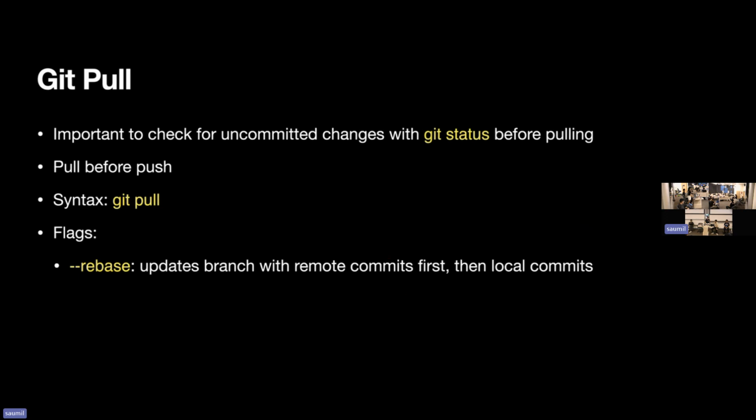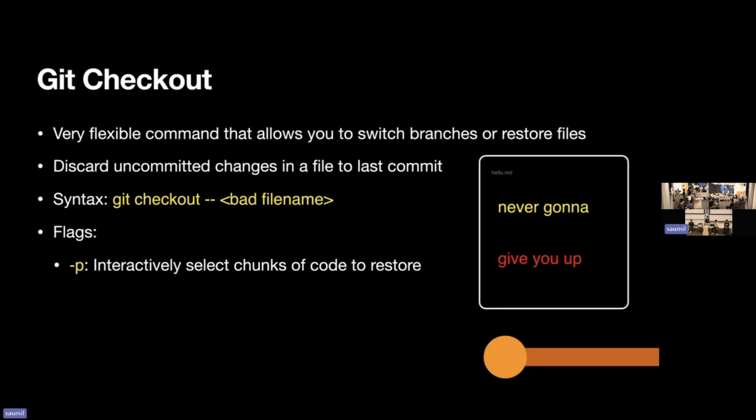Now we've talked about all of the ways to update your progress. What if you want to undo some of your progress? Everyone makes mistakes. You have a command called git checkout, which is very flexible, and some other purposes of it include switching branches, or in this case, restoring files.